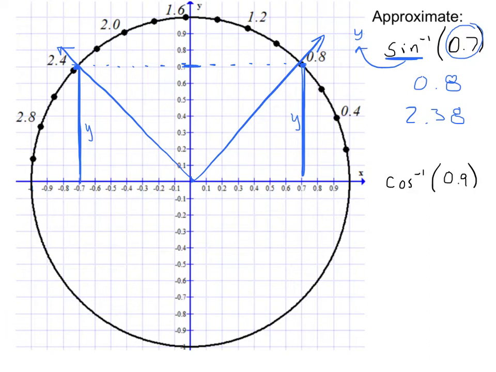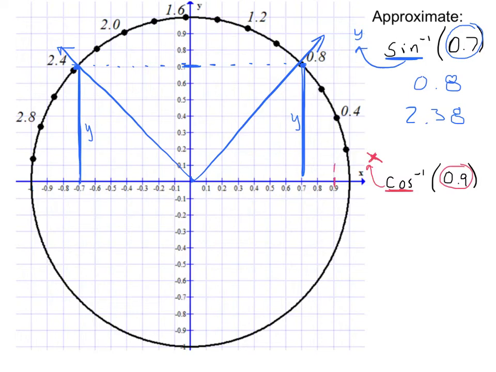We can do a very similar thing for the inverse cosine of 0.9. We remember that cosine, in terms of its ratio, is always referring to the x value. So this problem is effectively saying, what angle has an x value of 0.9? Well, an x value of 0.9 happens here.